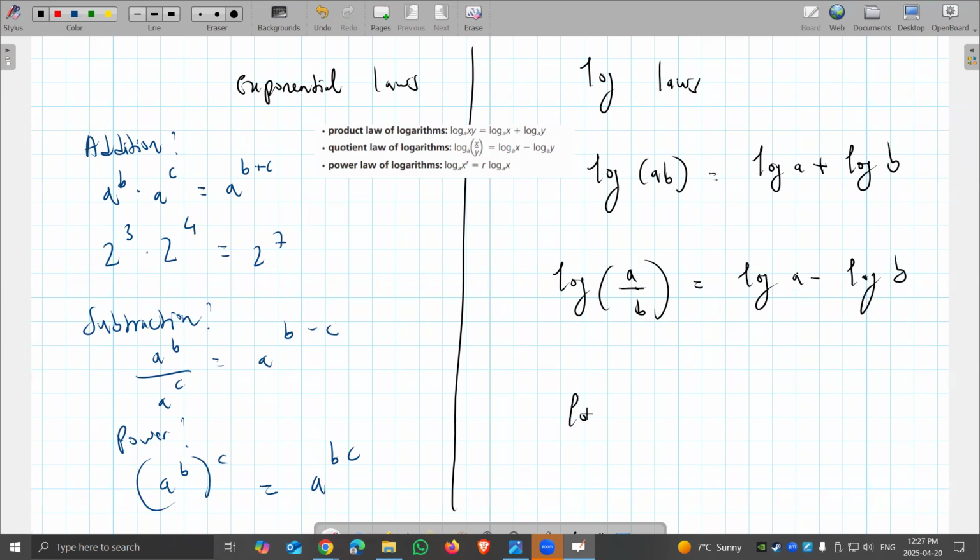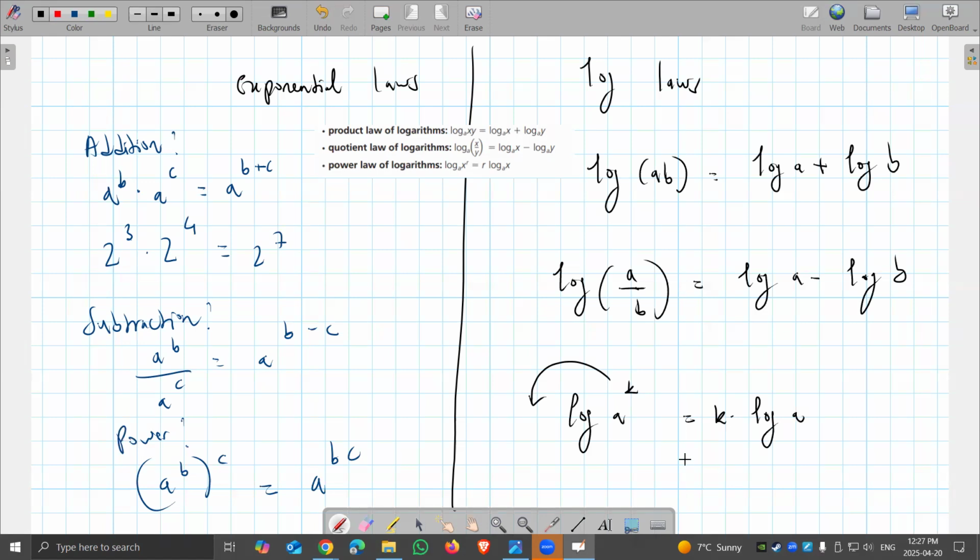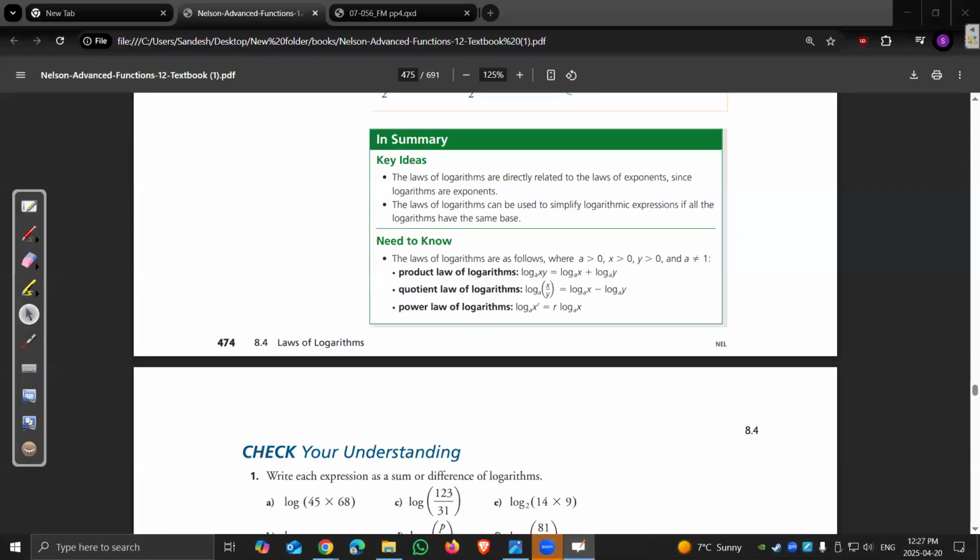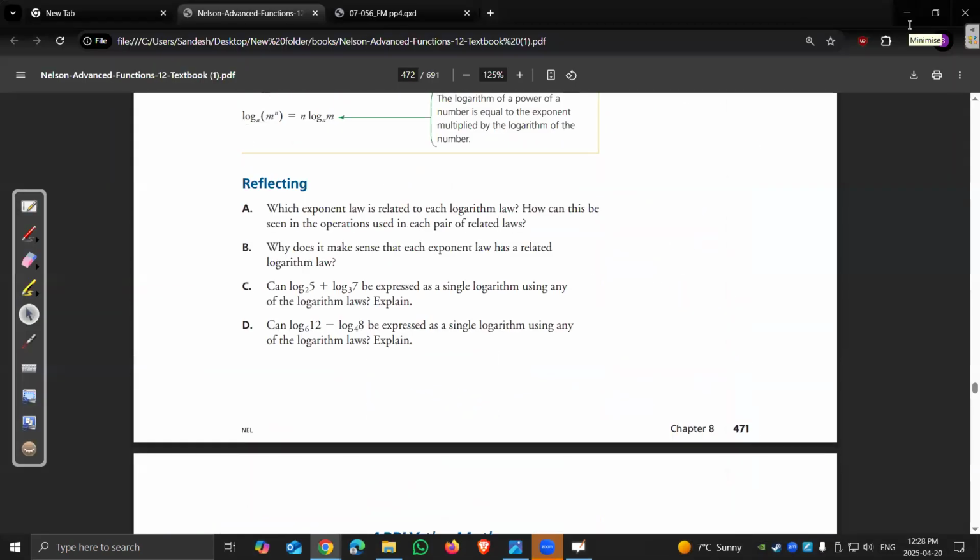And if there's a power, log of a to the power k, you can bring this power down, okay? So those are the log laws. So using this, we're going to solve some problems.